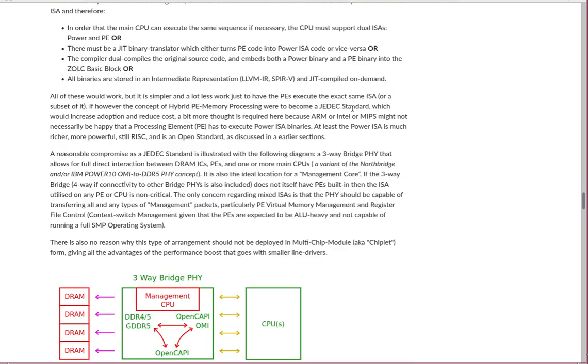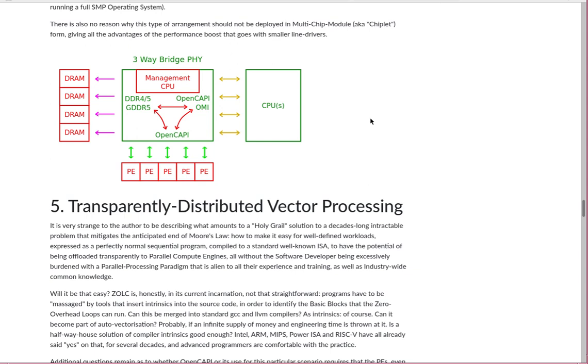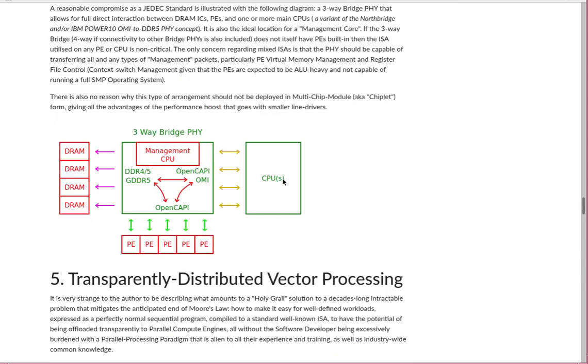So what I decided to do was to combine all 3 of these. And here you can see, this is your main CPU.